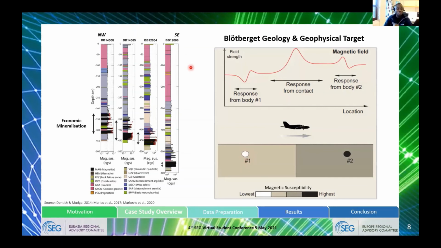So we are measuring the total field strength. The greater the susceptibility contrast between two bodies, the higher the amplitude variations that you can see, from the lowest going to this, and from this body to this body, you can see the response. This is basically the principle guiding our study.